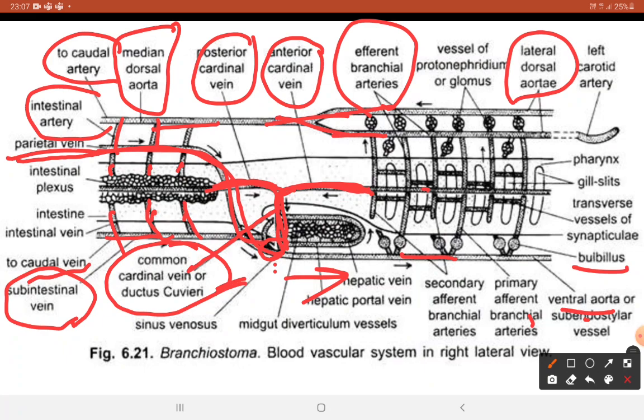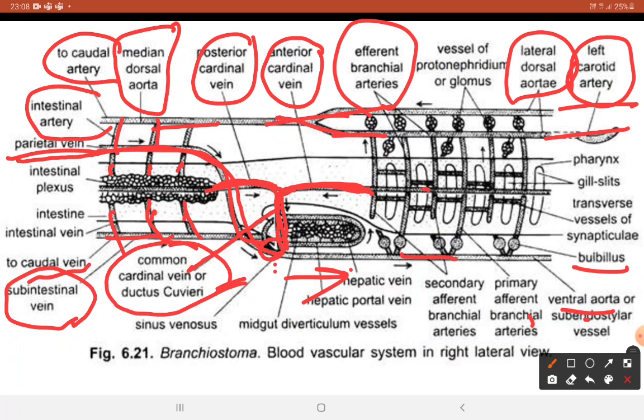The lateral aortae continue anteriorly as carotid arteries supplying blood to the oral hood region. So this is how the blood gets pumped from the sinus venosus to different parts of the body, and also it is picked up by the veins and poured into the sinus venosus. I hope you have got this right.